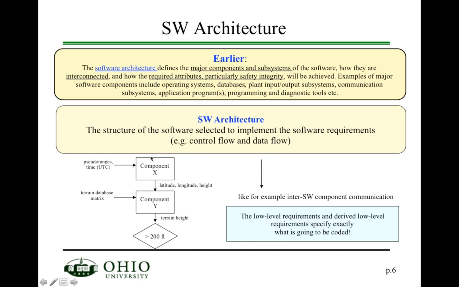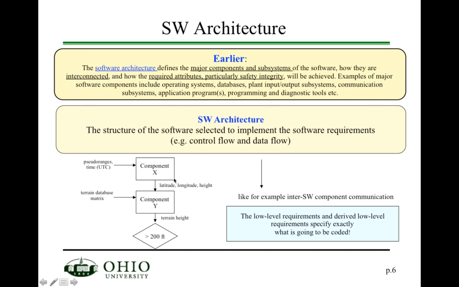So I gave a very simple software architecture diagram here with two components. This component takes pseudo ranges in time and outputs latitude, longitude, height. So this component could be a position calculation component. Then inside this component we could specify the functionality by having a set of low-level requirements that are used to turn the pseudo ranges from GPS, for example, into a latitude, longitude, height calculation.